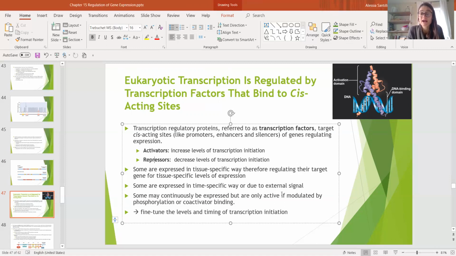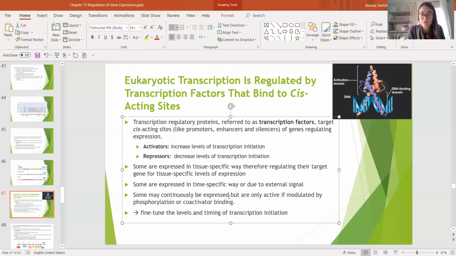However, they may only be active if modulated by phosphorylation or co-activator binding. So the phosphorylation will probably activate either the activator or the repressor, and then they can carry out their job. And then a co-activator is usually something that goes ahead and helps the activator actually increase the level of transcription. These are all just extra little levels of regulation.